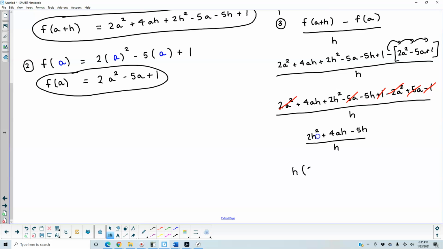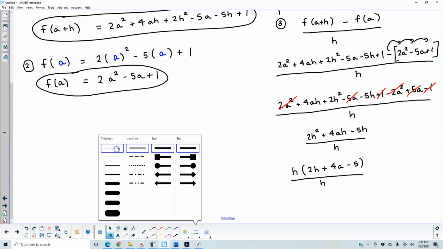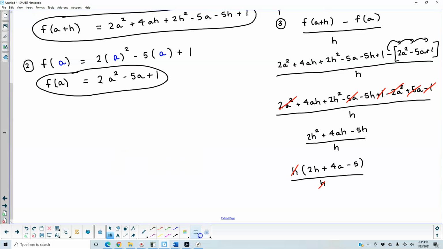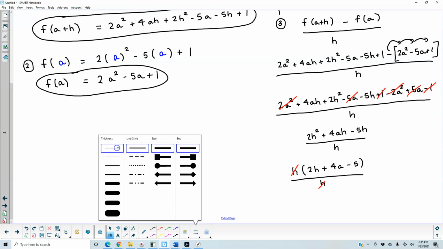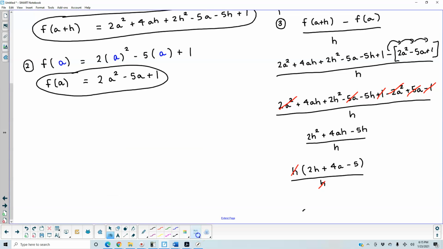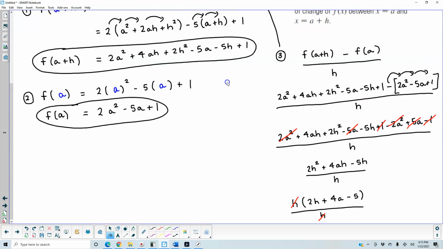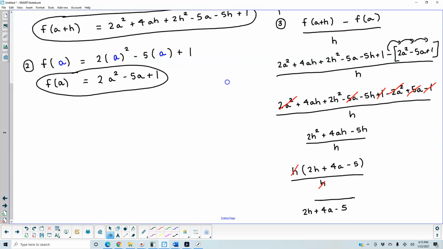We factor out the h, we have 2h plus 4a minus 5, and then we're dividing that by h. And so what we can do next is simplify the h, and then our final result is going to be 2h plus 4a minus 5. So this is going to be our result.